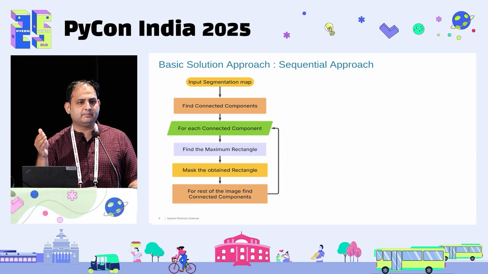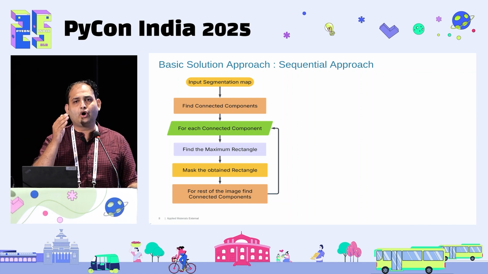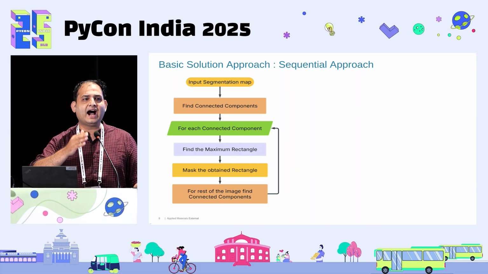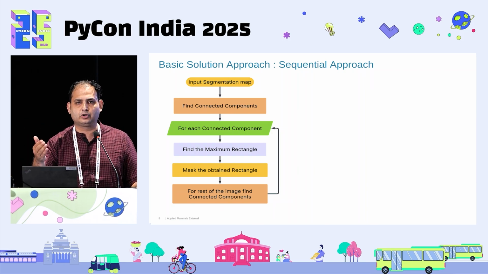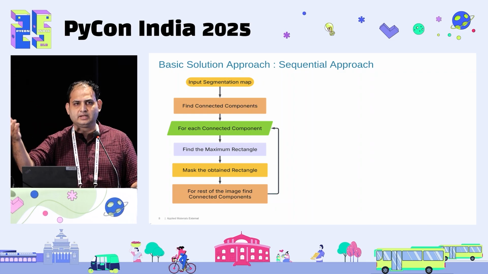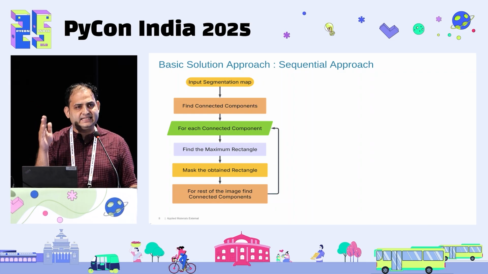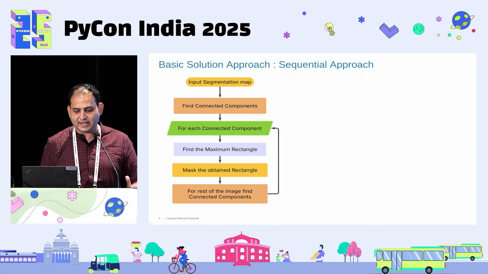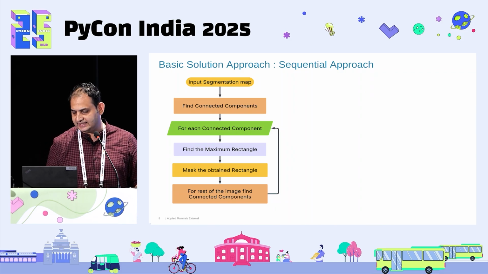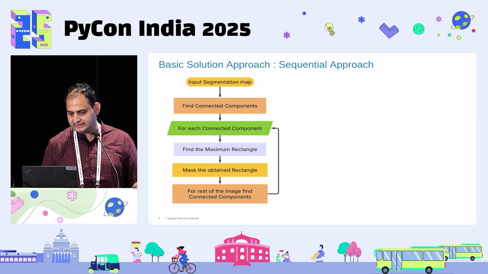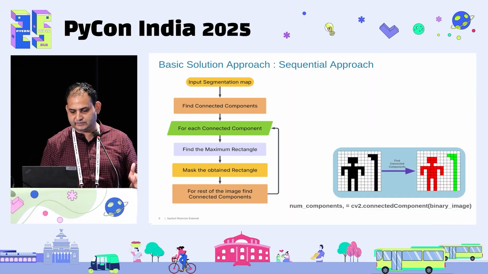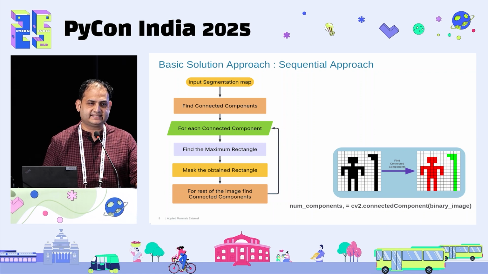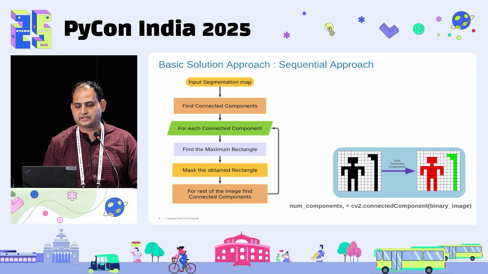In a binary image, all those pixels which are true and next to each other with some neighborhood logic, either 8 or more, are called one connected component. As you can see in this picture, this man is one connected component, this pole is one connected component. So my first step is to find all the connected components.